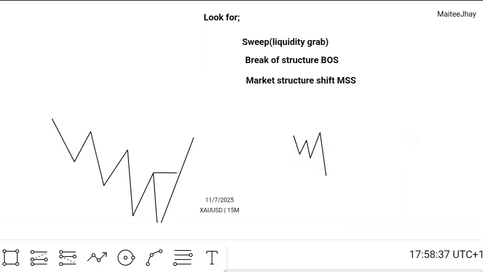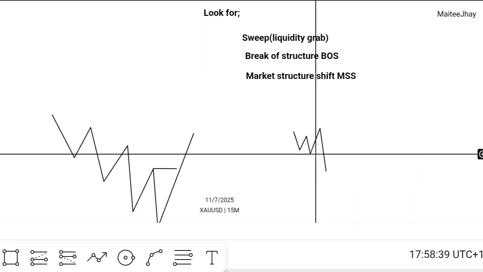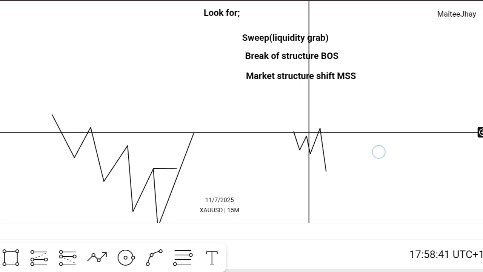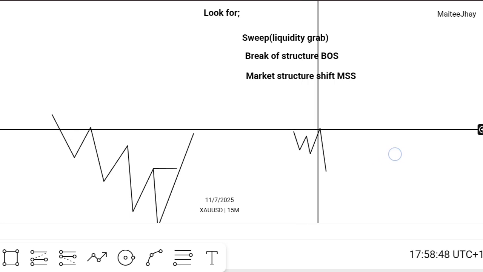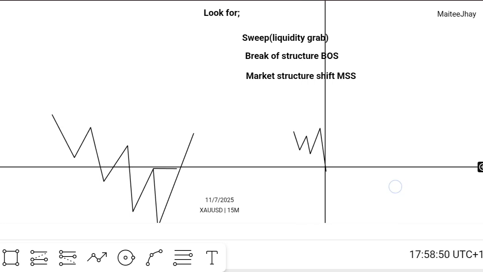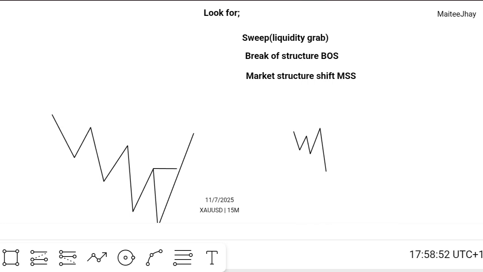Do you understand any point here? So market sweep here, break structure up here, then shift structure moving from up to the downside. You understand? So this is it for the market structure part.